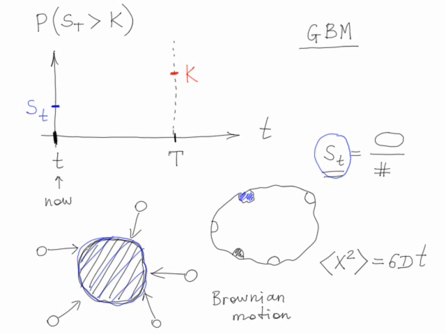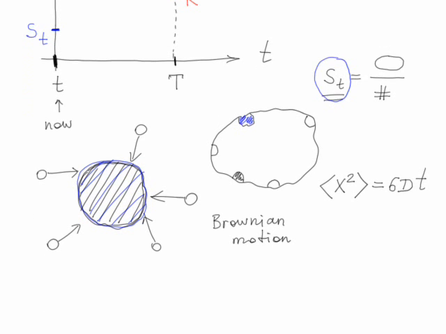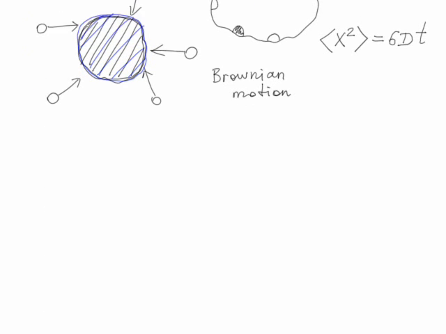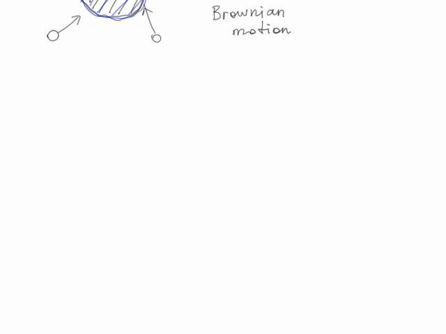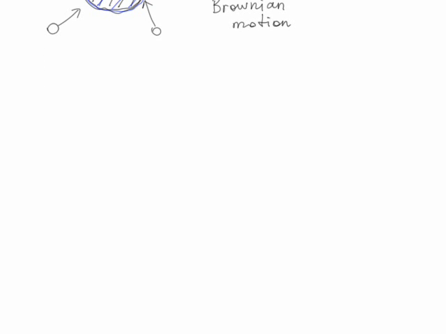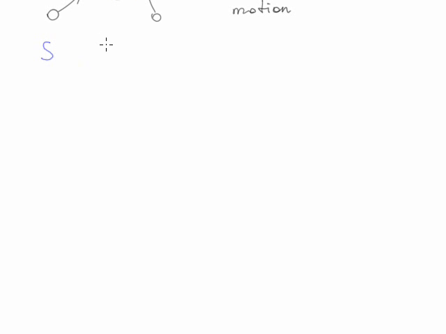So let's keep this in mind and use this fact. So we assume that this stock price S follows geometric Brownian motion, and this geometric Brownian motion has two parameters, mu and sigma.